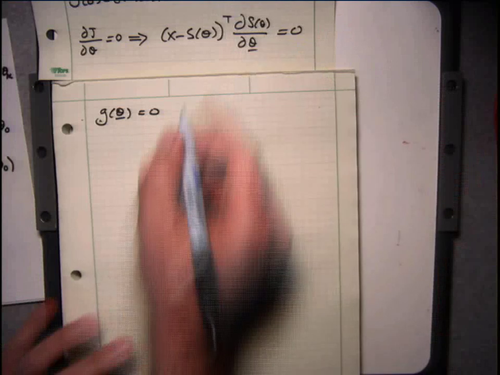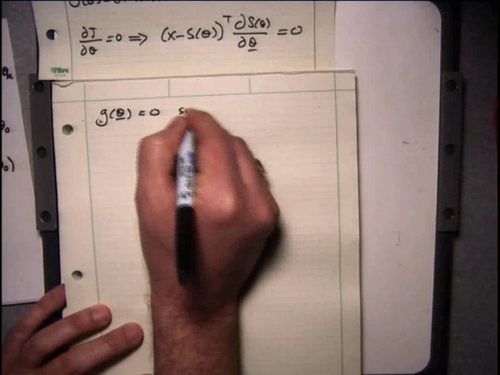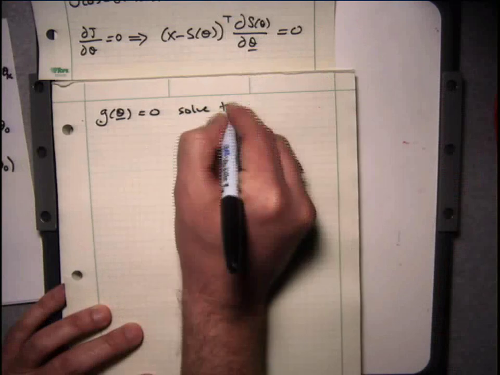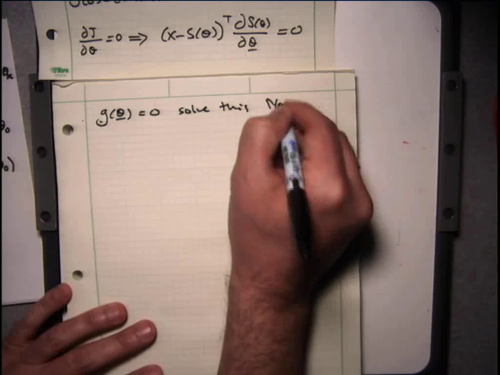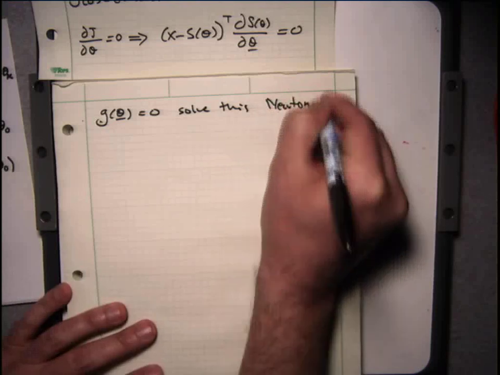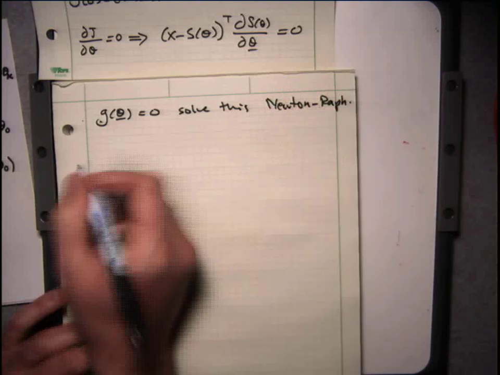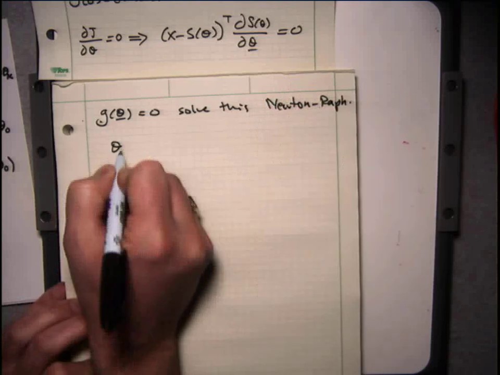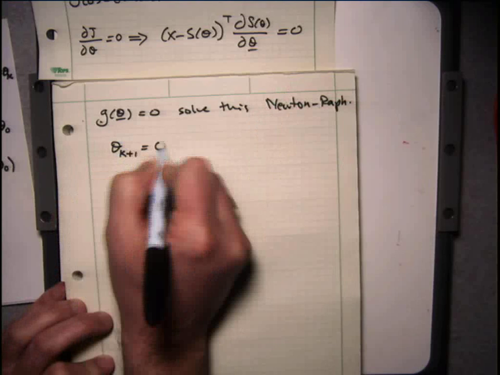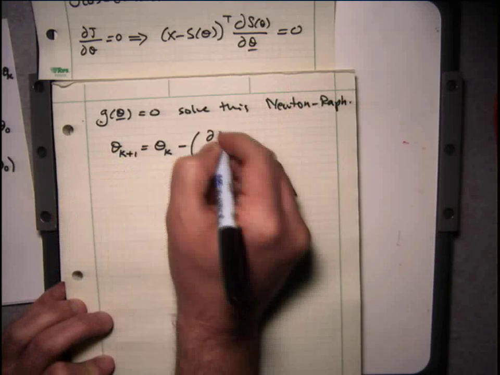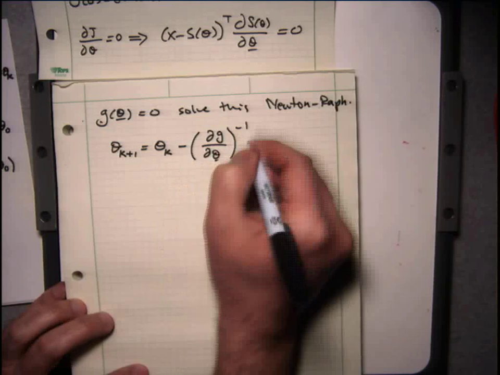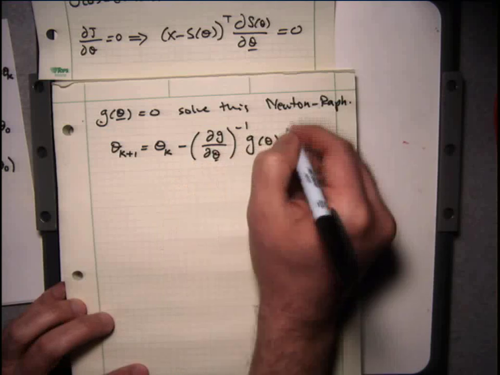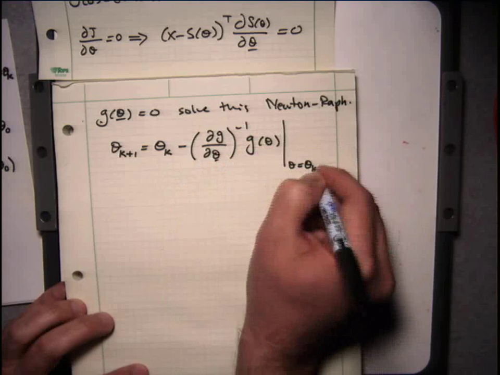Now one way that we did it was using Newton-Raphson. And the idea was theta k plus 1 equals theta k minus d d theta inverse g of theta, evaluated at theta equals theta k.